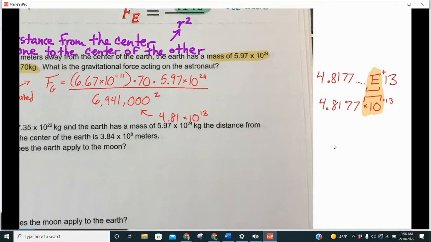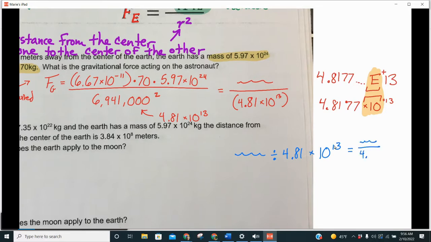All right, so here's the issue. If I type this into my calculator and I get some number divided by, I have to put parentheses around this 4.81 times 10 to the 13th. If I do not put parentheses around it, your calculator will divide by 4.81 and then multiply by 10 to the 13th instead.